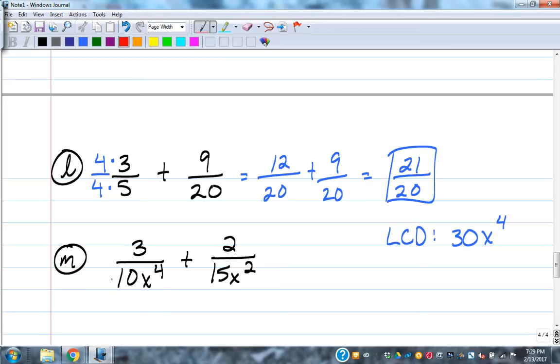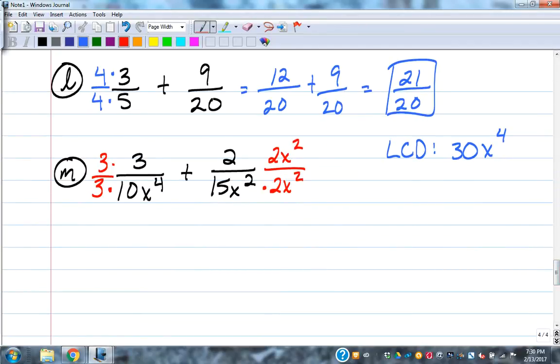So the first fraction gets multiplied by 3. It doesn't need any x's, it just needs the 3. So the top gets a 3. The second fraction, it's got a 15, so it needs to be multiplied by 2, and it needs 2 more x's to make 4 of them. So that's the x squared, and the top gets that as well.